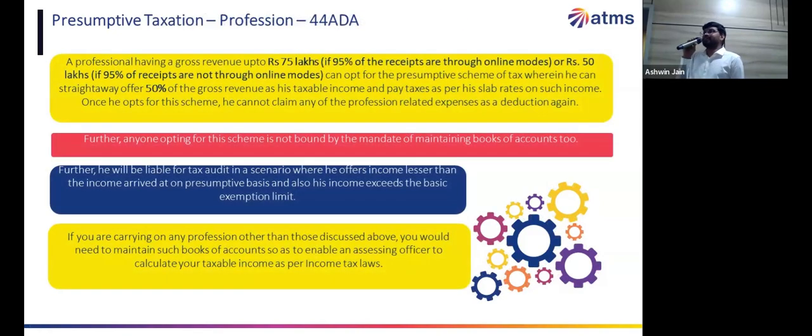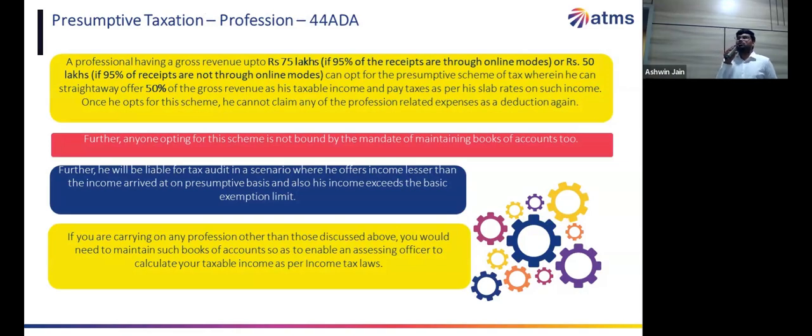But with the caveat कि आप 75 lakh का threshold कब use कर सकते हो? Whenever 95% of your receipts are in digital mode or through banking channels, then only you can opt for 75 lakh wala limit. Otherwise you will be going through the 50 lakh wala turnover criteria.